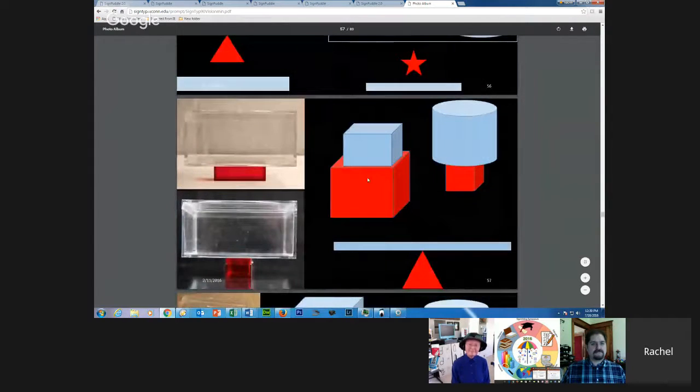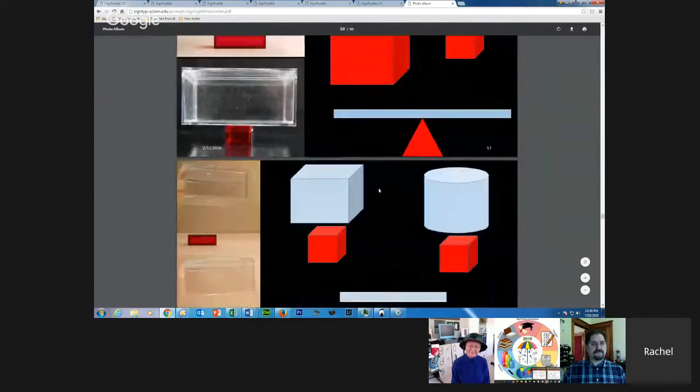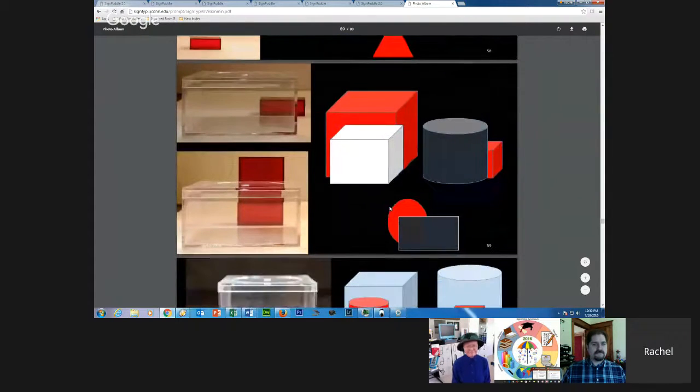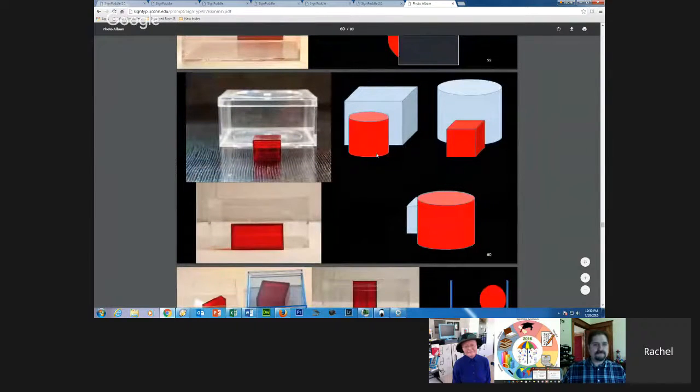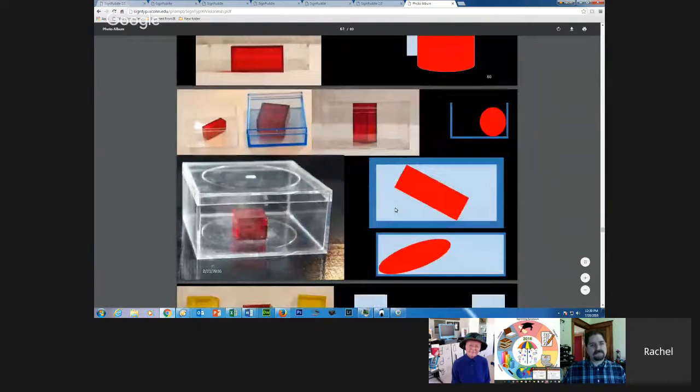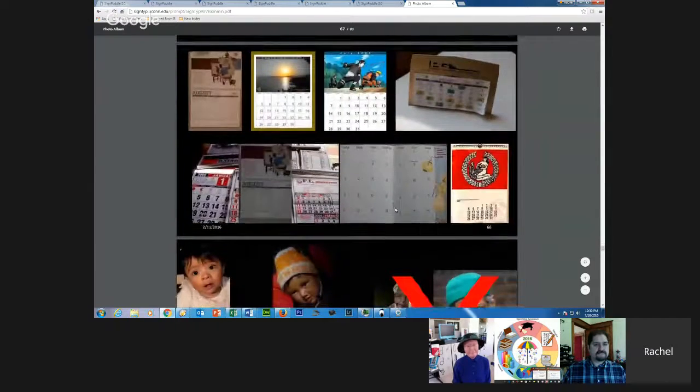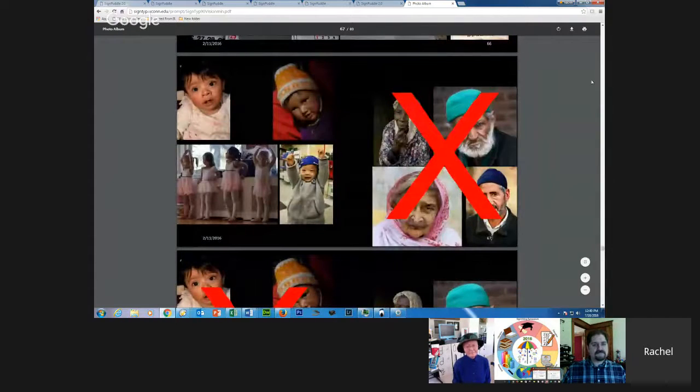Then we have the red object below and touching, below, not touching. And here are the two that turned out to be especially interesting. Here the red object is behind the other object, and here the red object is in front of the other object. I'll show you later some of the results that we got that are quite interesting. We have inside and a couple others.